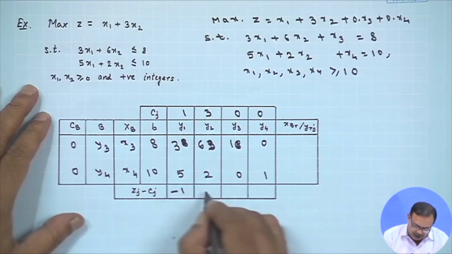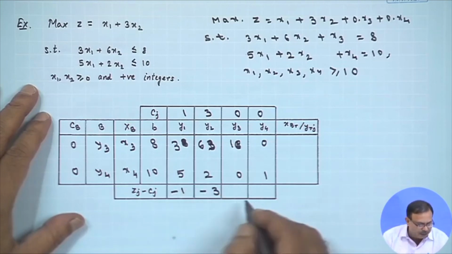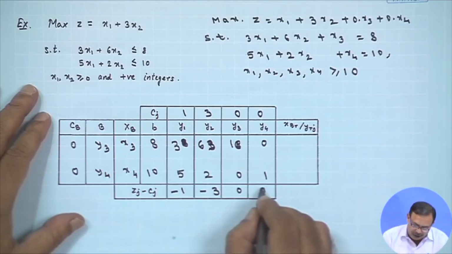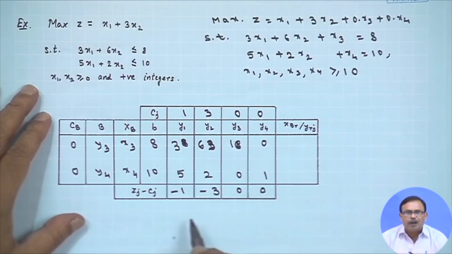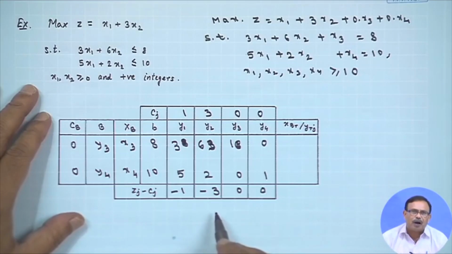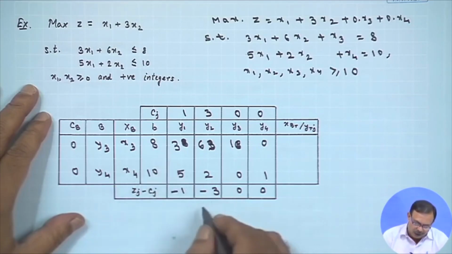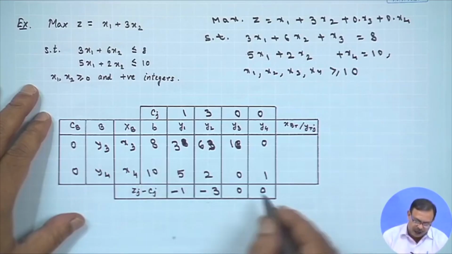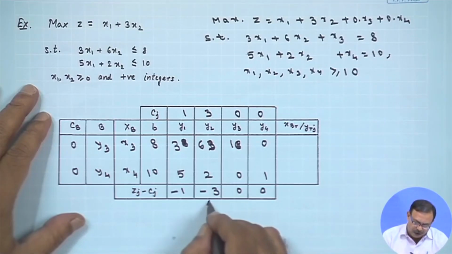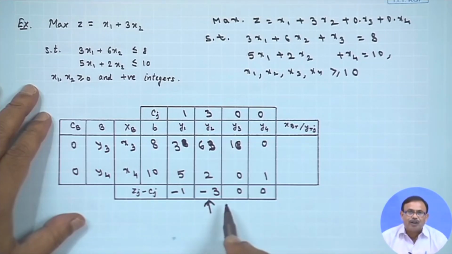So, Zj minus Cj, if you consider, then minus 1, minus 3, 0 and 0. Here you see Zj minus Cj is less than or equal to 0. It is not satisfying the optimality condition, but x3 and x4 values are integer now. So, we will use the normal simplex algorithm. Therefore, this will be the entering vector, because the maximum negative value occurs over here.